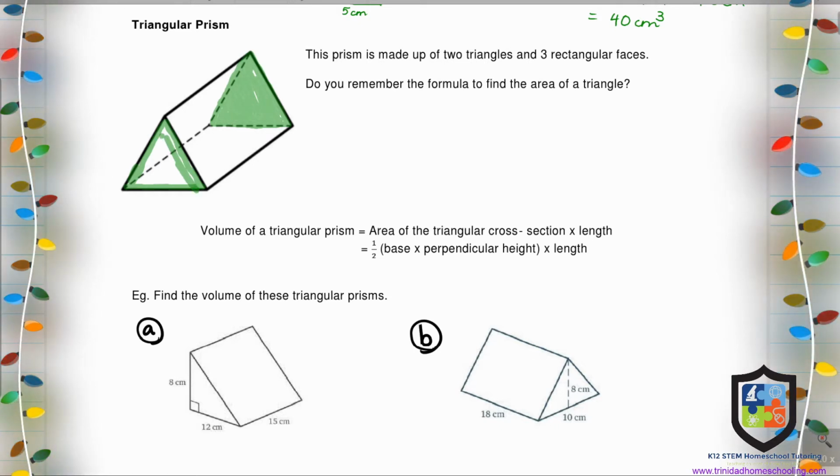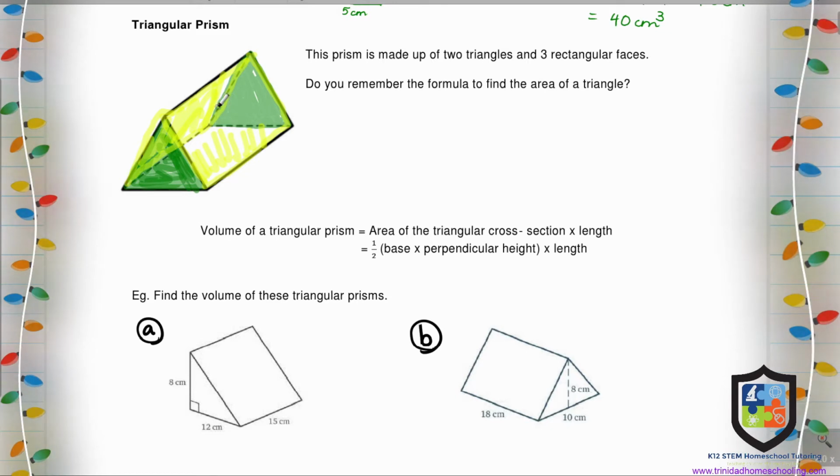So that's one there and this is one here. Now, your rectangular faces make up the rest of the shape, which is the one in front, the one behind, and the one at the bottom. Okay, so those are the 3 faces.